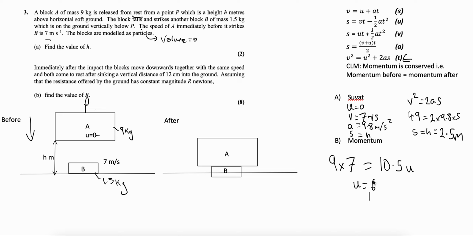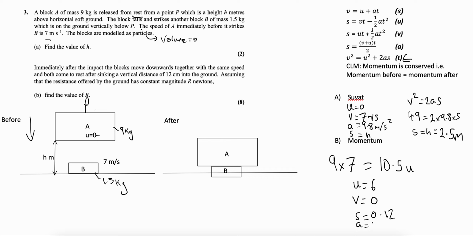Now, if we go back to our v squared equals u squared plus 2as, we now know the initial velocity is 6. We know the final velocity, because the system comes to a rest, is 0. We know that the distance traveled in the ground is 0.12 because it's 12 centimeters, so check your units. And we need to find a.